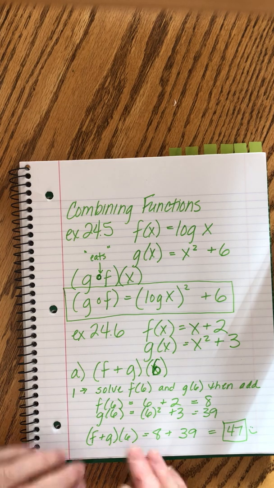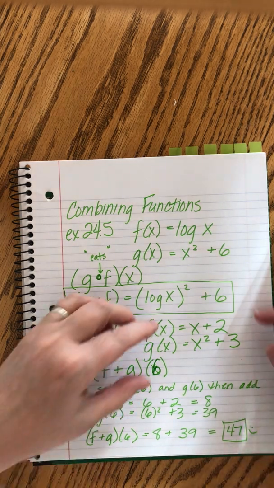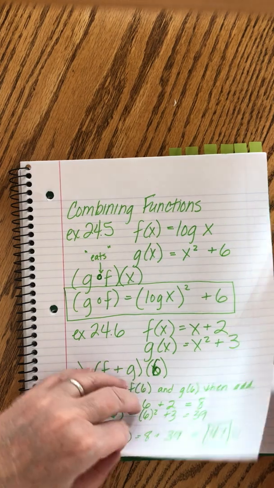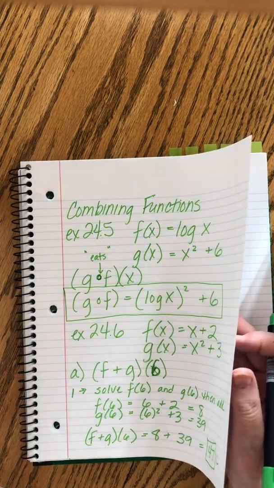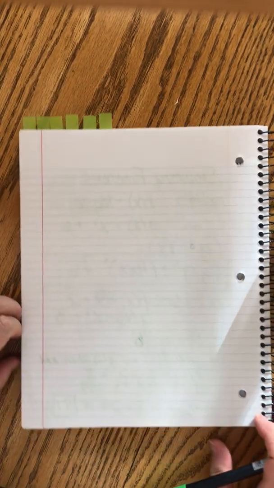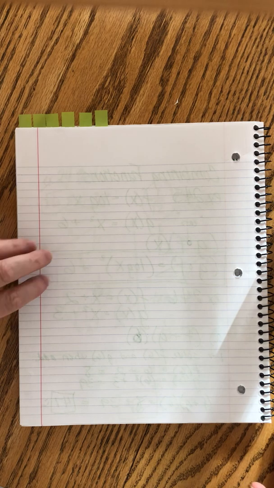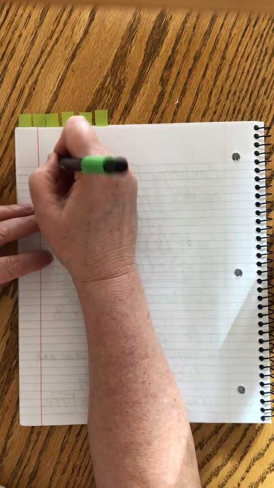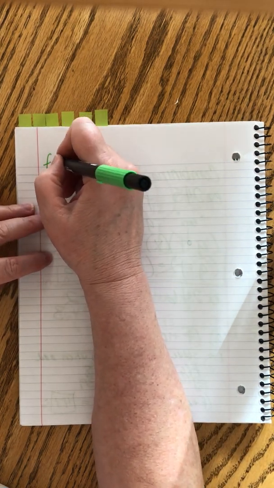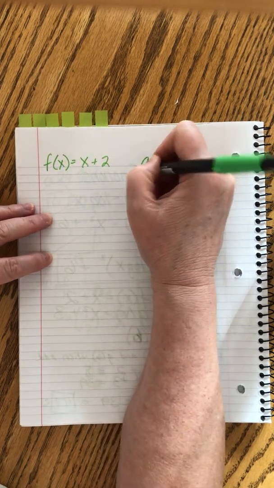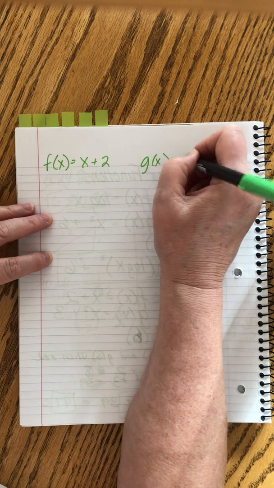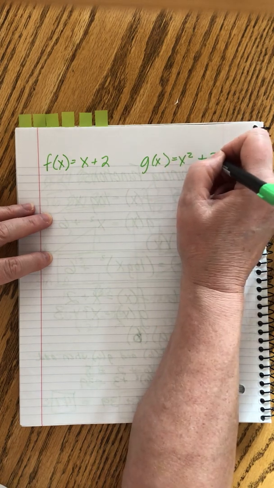Now the other way that we can solve this is to say, let's actually combine the functions. I'm going to do that on the next page. I'm just going to copy my functions over again. The f of x equals x plus 2, and the g of x equals x squared plus 3.